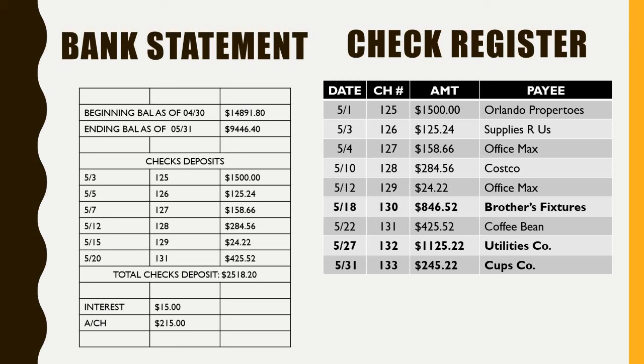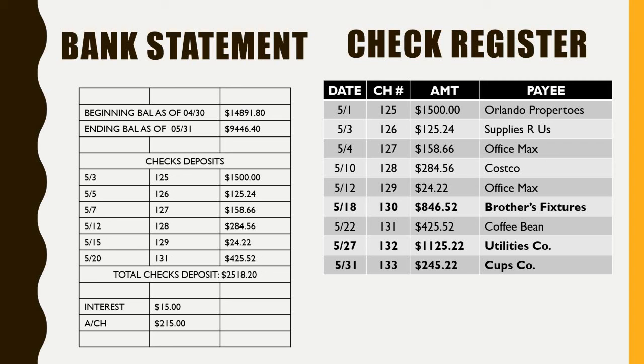Okay, and of course, on our end, we went beyond 131. We wrote 132 and 133. So these three checks are going to be outstanding checks. They have not cleared onto the bank yet, or when we send it out, the person hasn't received it yet.